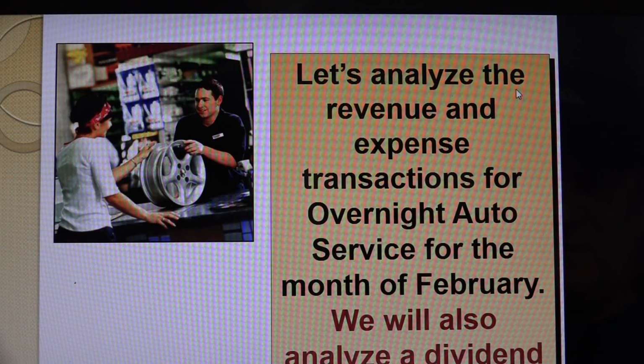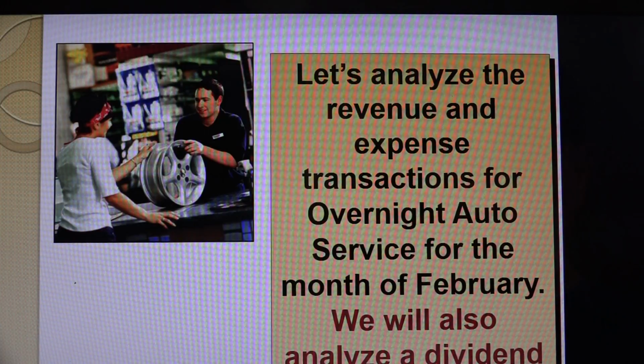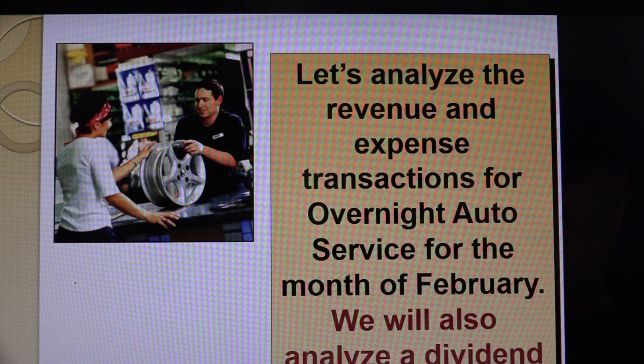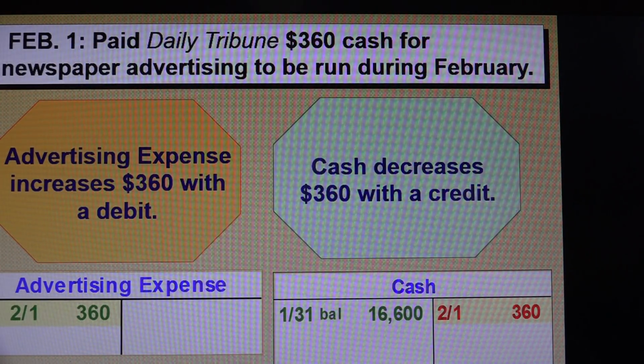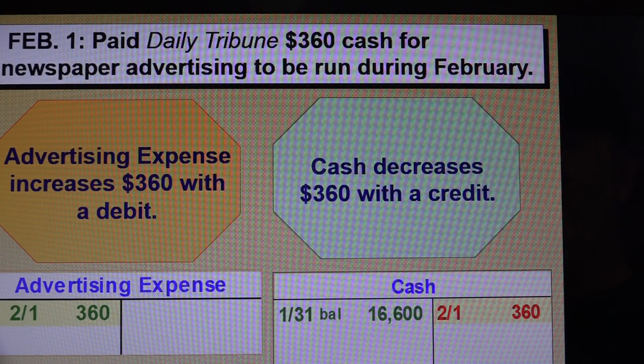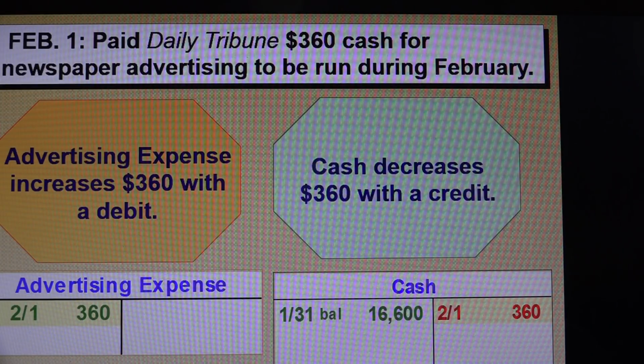All right, so it says let's analyze the revenue and expense transactions for Overnight Auto Service for the month of February. We'll do this real quick, I promise. February 1, we pay Daily Tribune $360 cash. This should be pretty easy after a while. So we debit this expense called advertising expense.